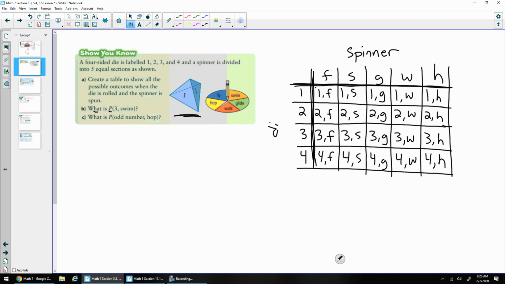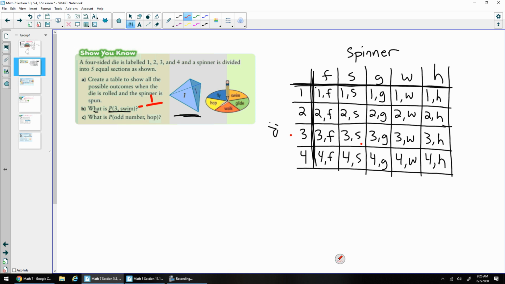So one question, in B here, is what is the P of 3, swim? So the probability of getting a 3 and swim. We look through, where do we see a 3? We're going to see a 3 in this row coming across. And there's only one 3 with an S for swim, and that's right here. So for B, there's only one favorable outcome. How many total outcomes are there?